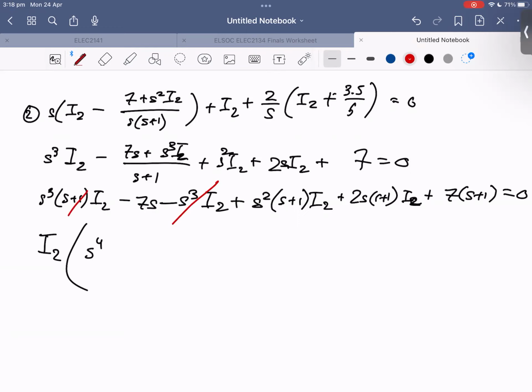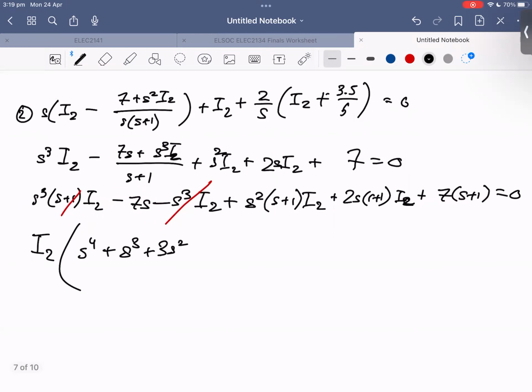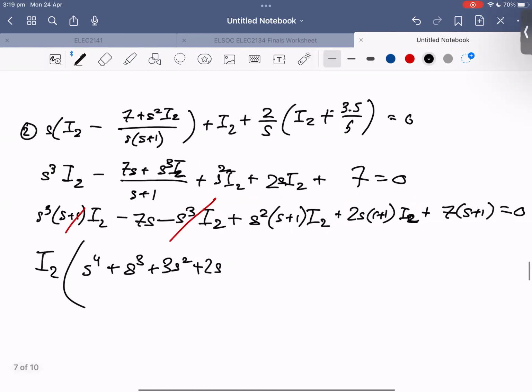And then plus S cubed, plus 3S squared, plus 2S. Yeah, that looks right to me.